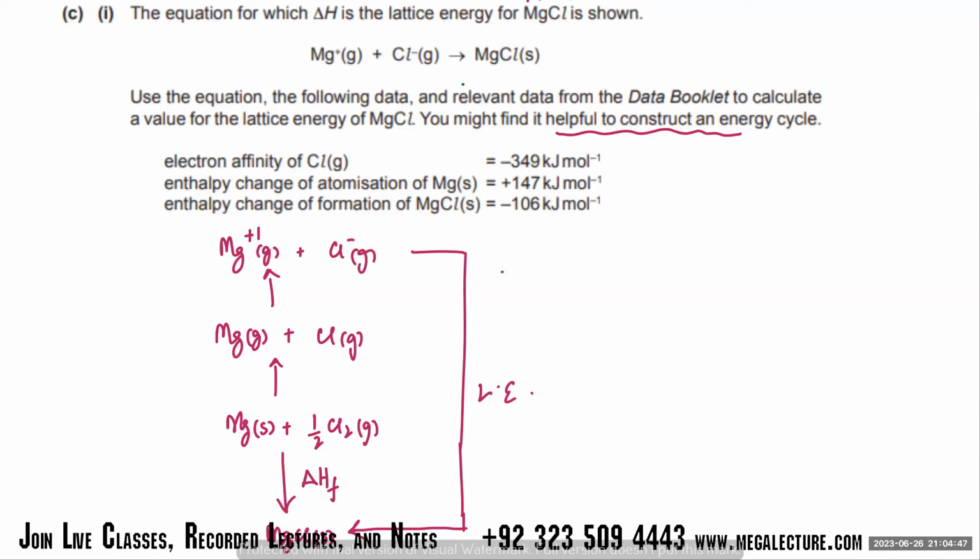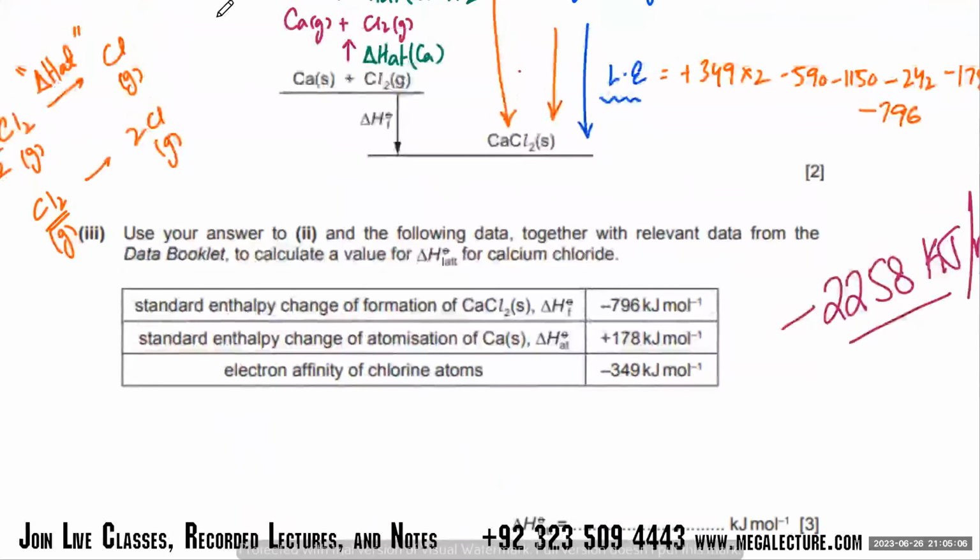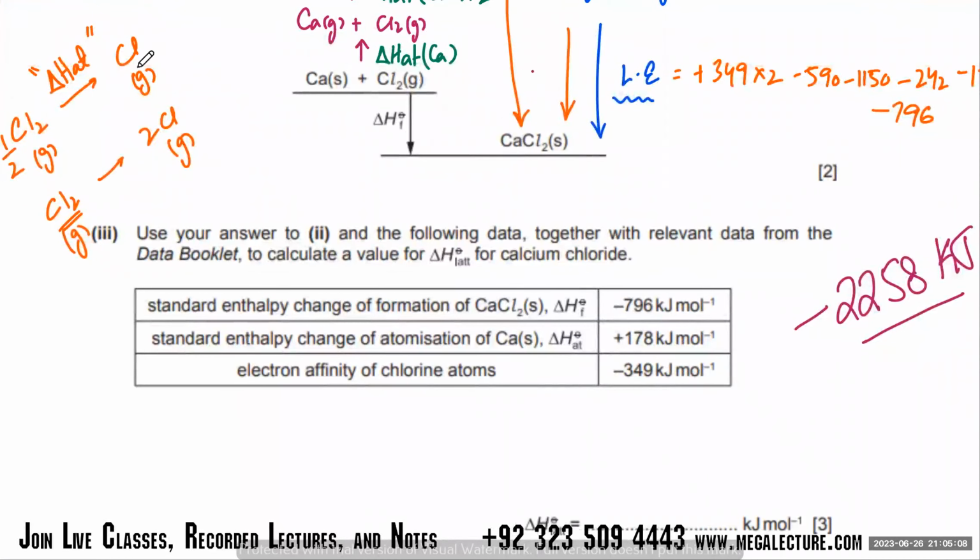So enthalpy of formation is given, that's -106. Atomization of Mg is given, that's +147. The atomization of Cl, now over here, I'm actually forming one Cl gaseous atom. So that's basically equivalent to bond energy divided by 2, because I'm just breaking half moles of Cl2 bond, right?